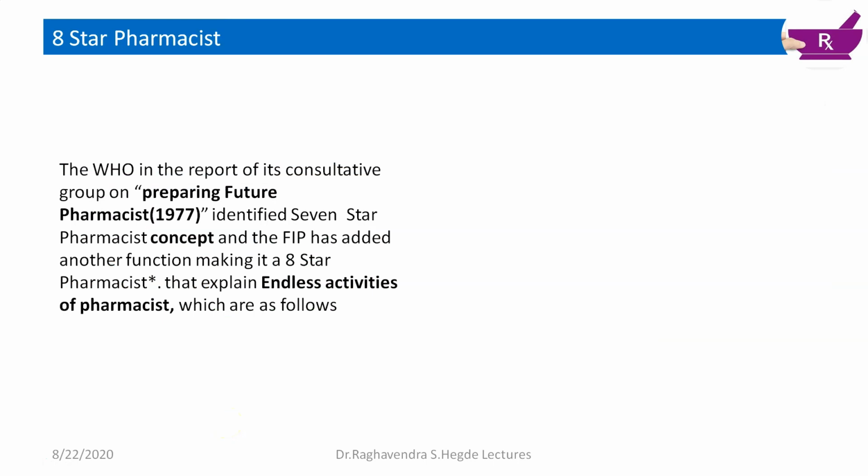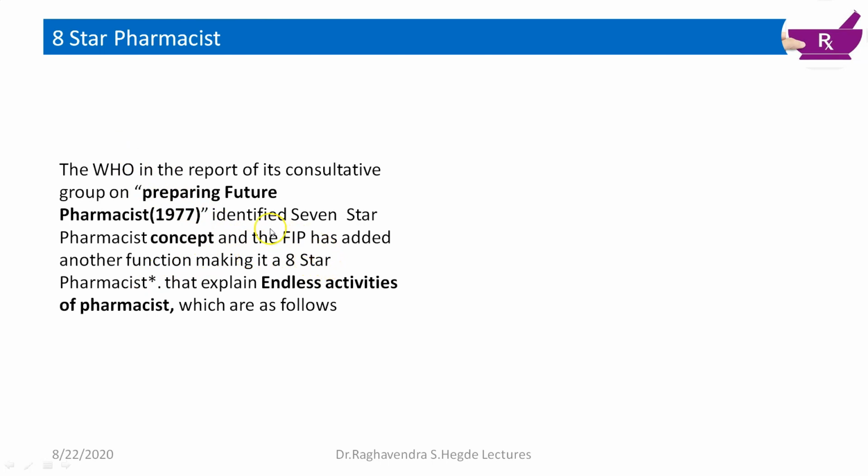Now we have to understand the concept of the 8-star pharmacist. The WHO, in the report of its consultative group on preparing future pharmacists in 1997, identified the 7-star pharmacist concept. And the FIP, Federation of International Pharmacists, has added one more function, and from 7-star they made it into 8-star.